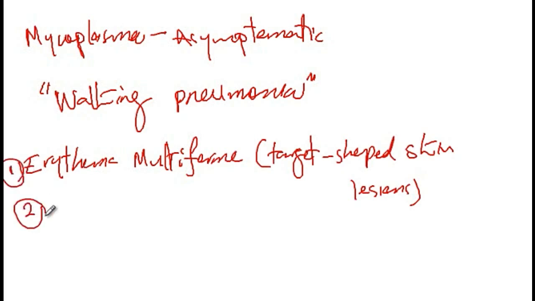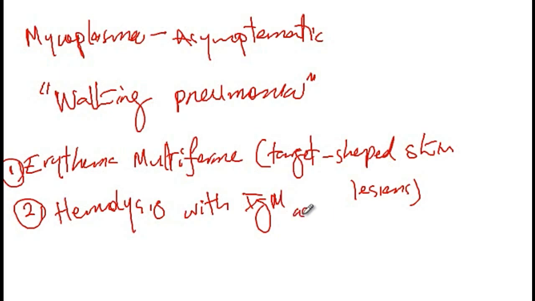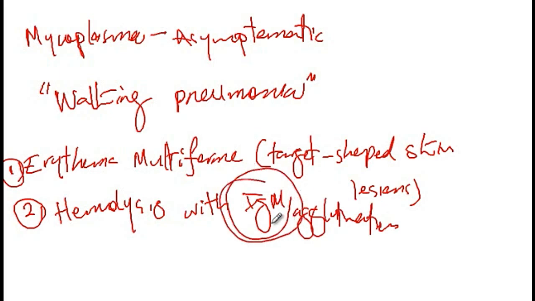It also presents with hemolysis, with IgM agglutination. So what happens is that the body will make IgM antibodies against the mycoplasma, but then these IgM antibodies will interact with the red blood cells and cause hemolysis. So there is a molecular mimicry in this example which causes hemolysis in these patients.